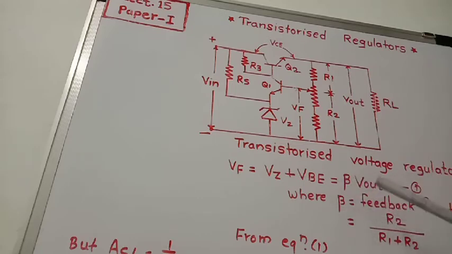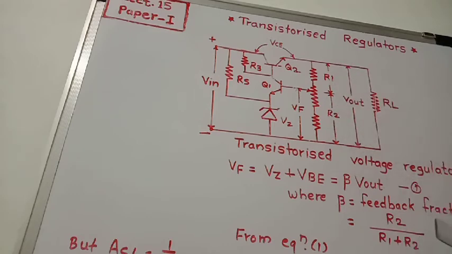So from this equation, Vout, that is output voltage, is equal to Vz plus Vbe divided by beta, where beta is called as feedback fraction, and beta is equal to R2 divided by R1 plus R2.